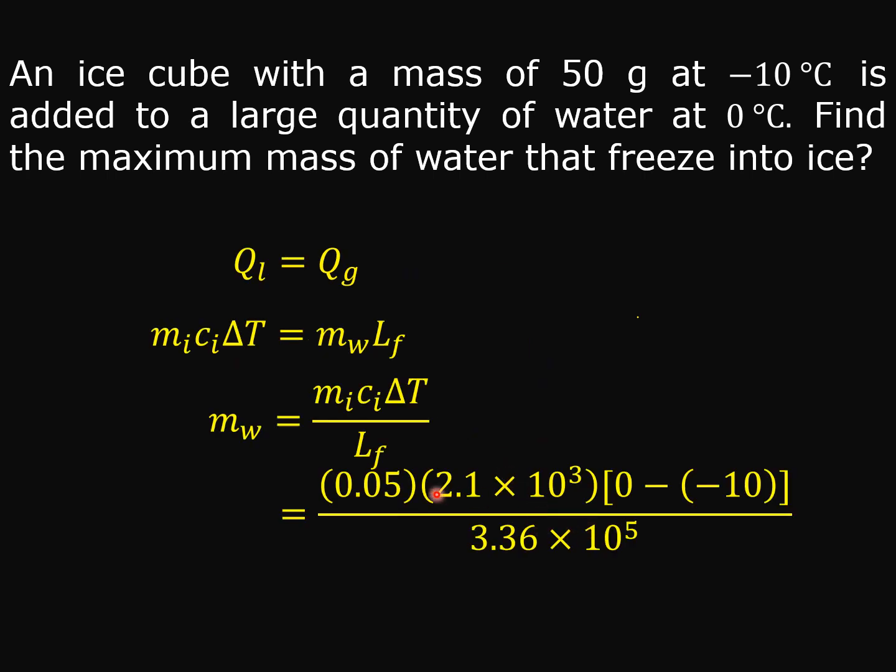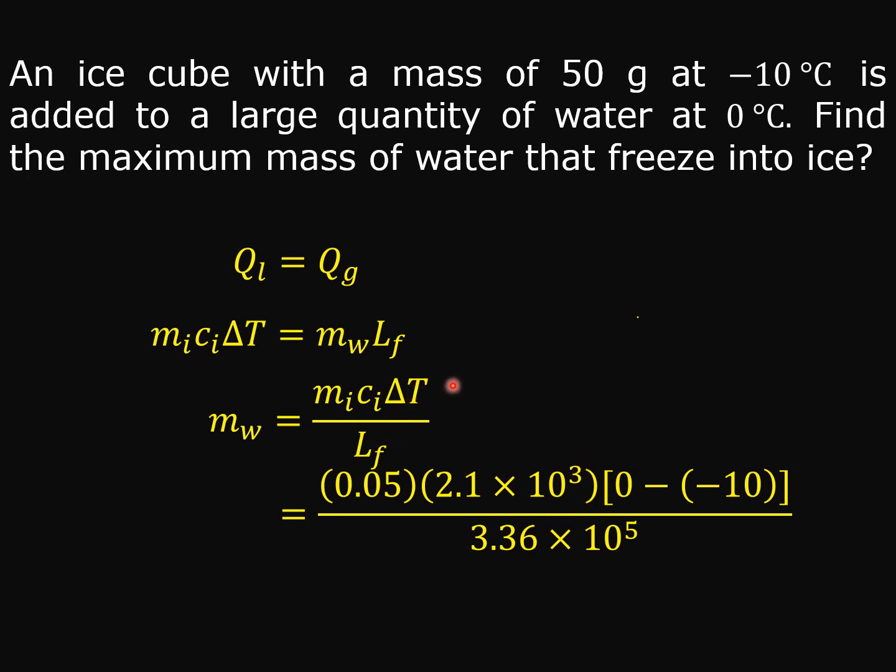Now we can substitute values for M_I, the mass of the ice cube, which is 50 grams. And C_I is the specific heat capacity, which is 2100 joules per kg per Kelvin.